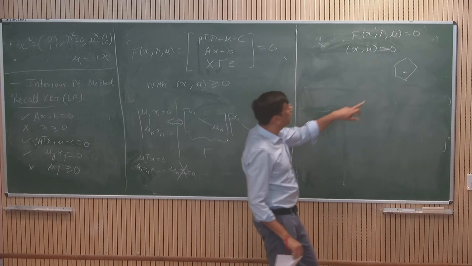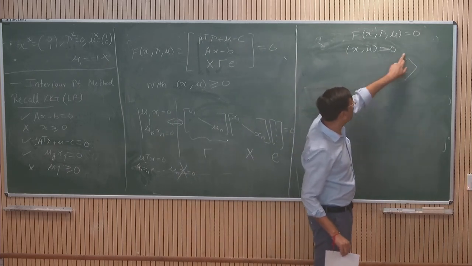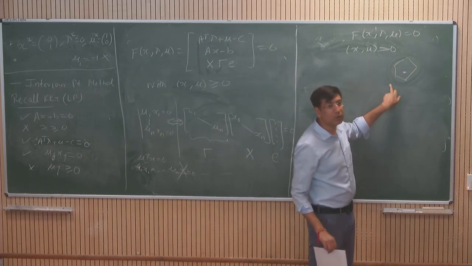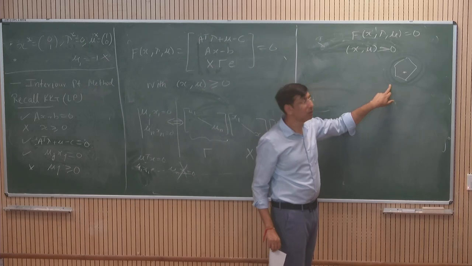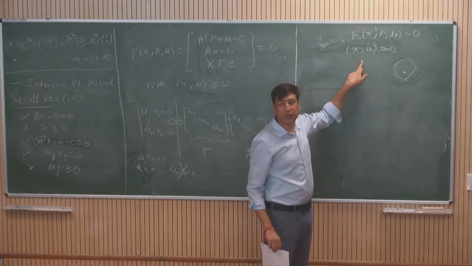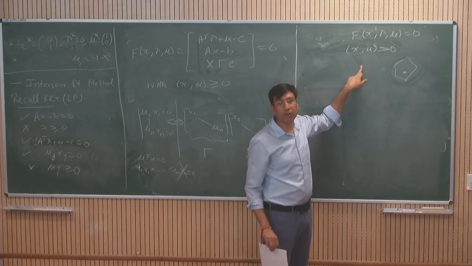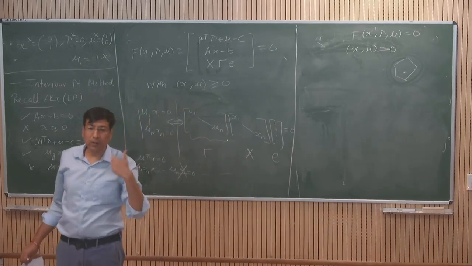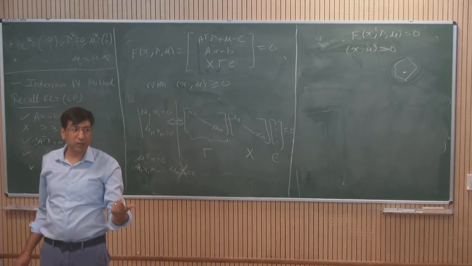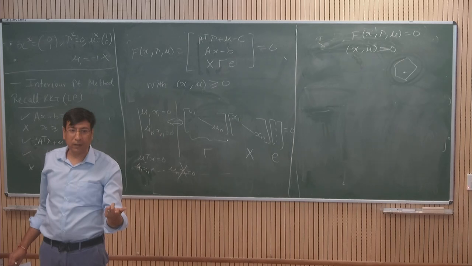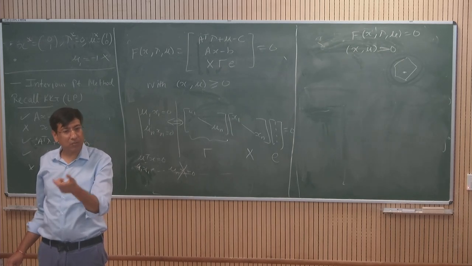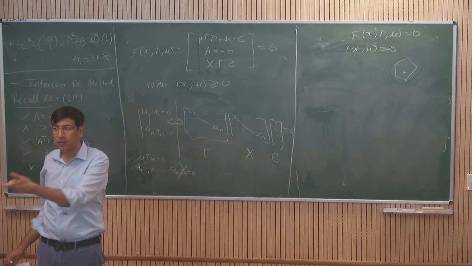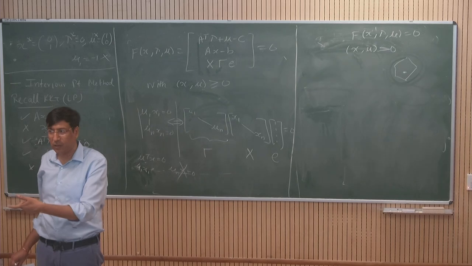Because otherwise the constraints would be active on the boundary. What are your constraints? X are the constraints, right? If you look at the original problem, X are the constraints. If you look at the dual problem, what are the constraints? The mu's are the inactive constraints. Remember, maximize B transpose lambda subject to gradient of Lagrangian equal to 0, mu greater than or equal to 0.